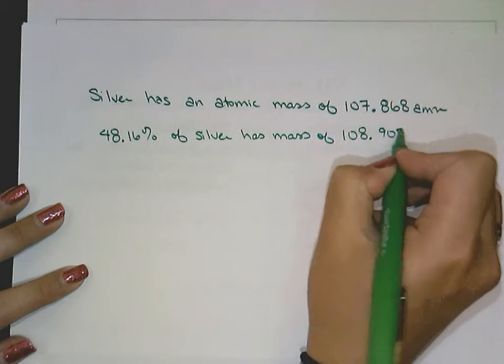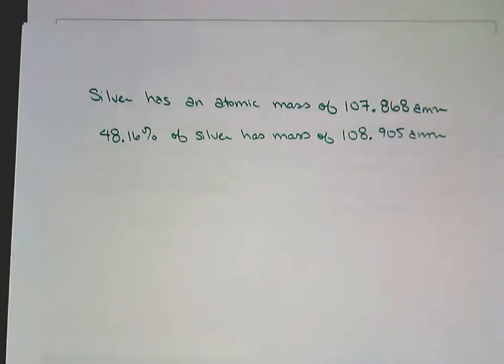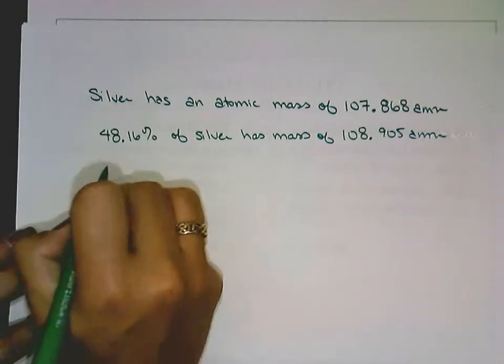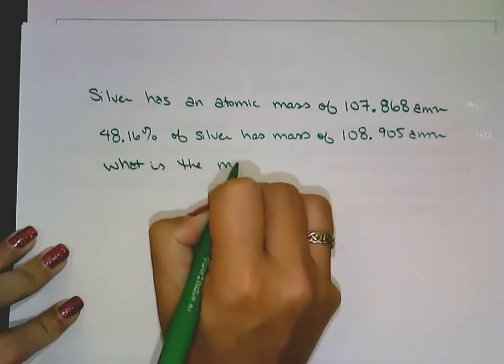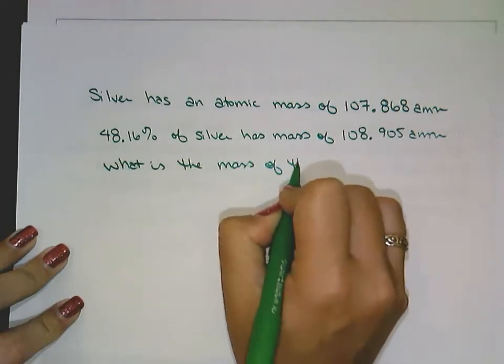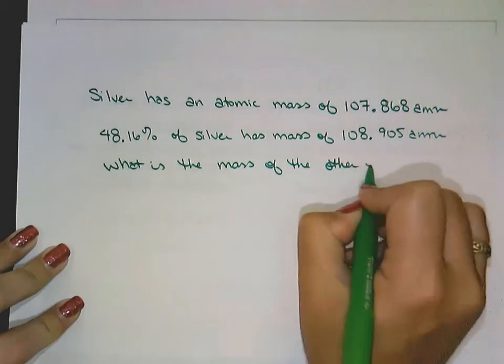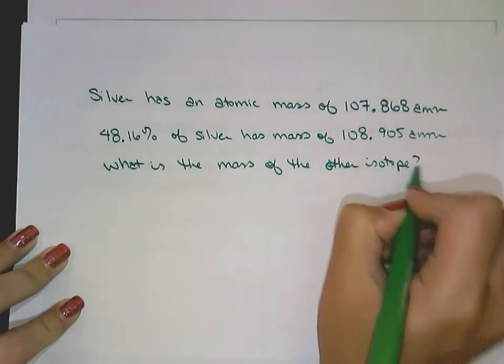I know 48.16% of the silver has a mass of 108.905. What is the mass of the other isotope?